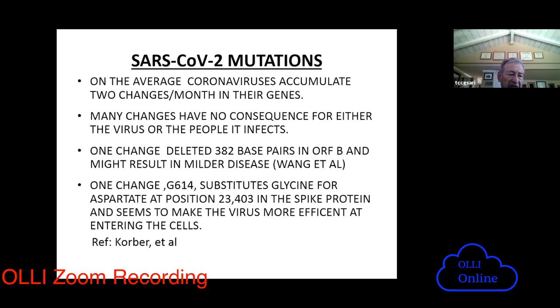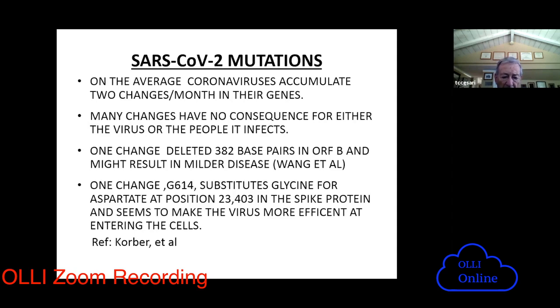Think of hair. You've got all this hair on your head, and if a couple of hairs turn gray, nobody's going to notice it. And that's kind of what happens to this virus. Most of these changes don't interfere with the function of the virus. There are a couple that we have known.